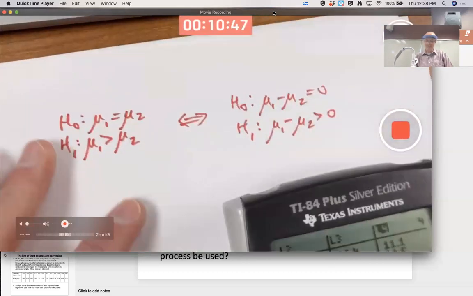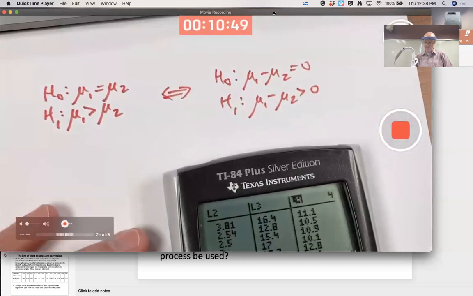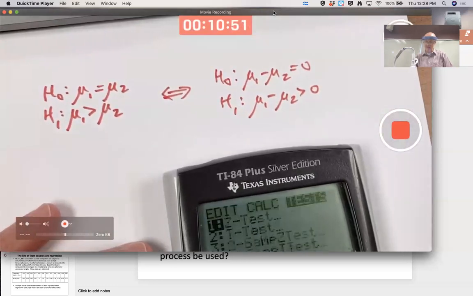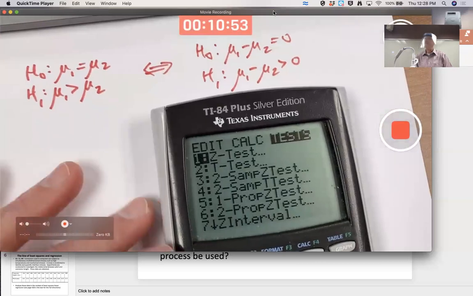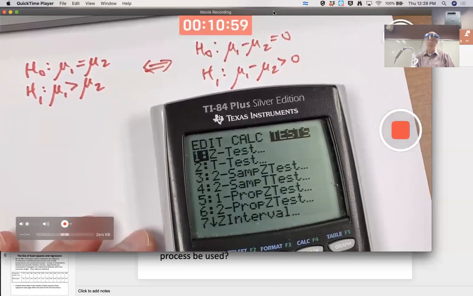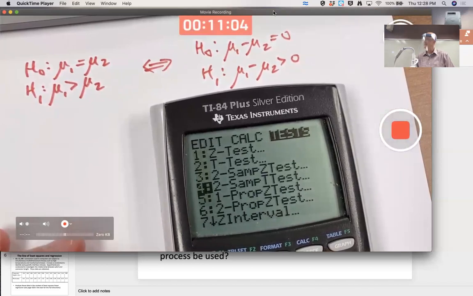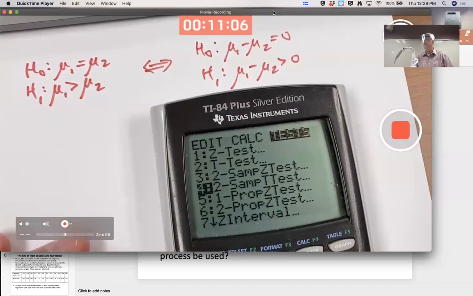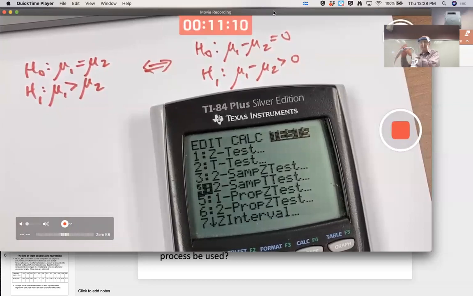What happens if we do a statistical test with the calculator? What are we doing? We're doing a 2-sample t-test. We're using a t-distribution. Remember, we started off with hypothesis testing using z, when we assumed the population variance was known and we were focused on one mean.